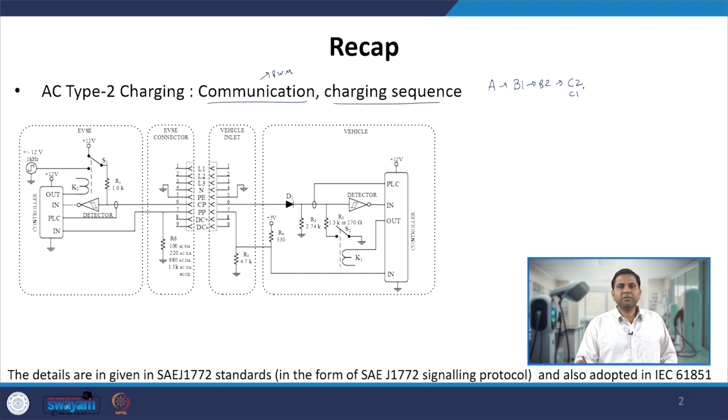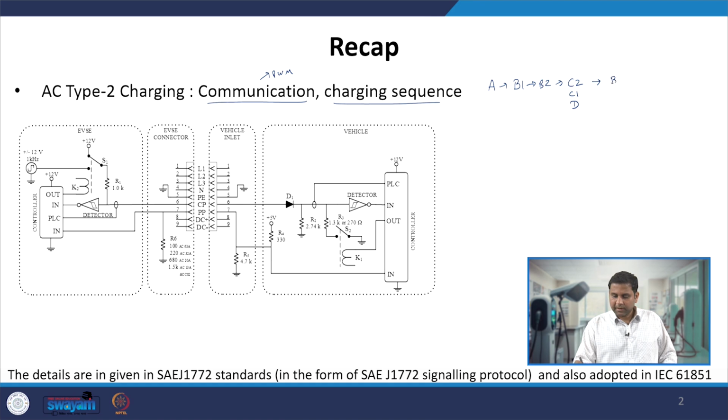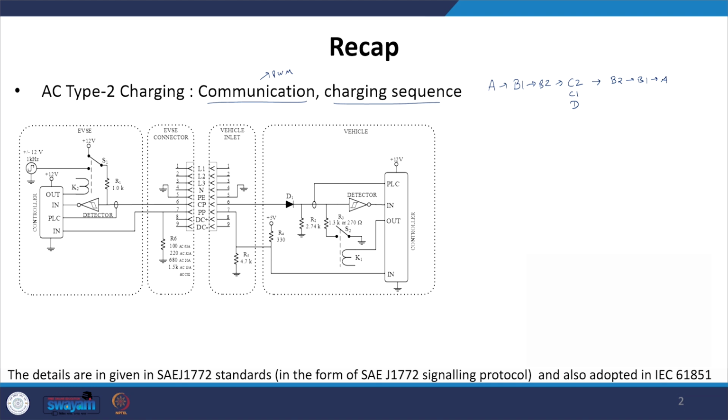Then in case ventilation is required in the EV, you have the state D, and after that, when it is returning to turn off, it goes from C2 again to B2, then B1, then A. These are the different states of charging.